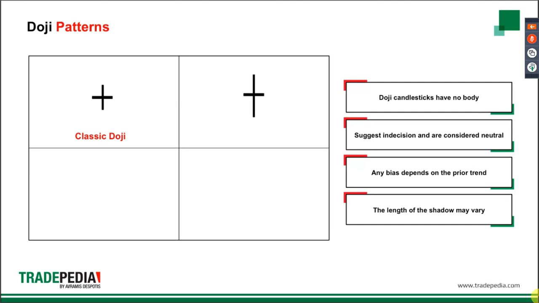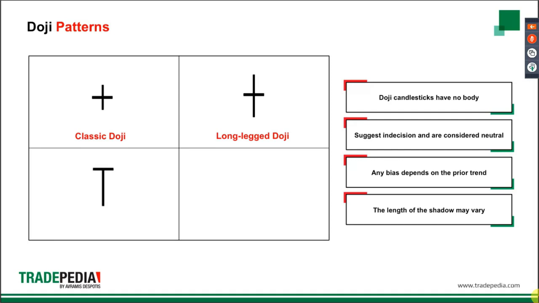Then you have this doji where you can see that the wick is much longer as compared to the classic doji. In this case, it's what we call the long leg doji. It just means that within the range, maybe for more volatile pairs, they are trading within a much larger range. The range between the high and low is much higher.